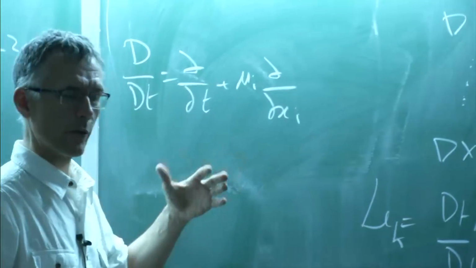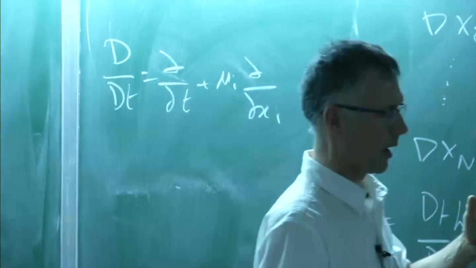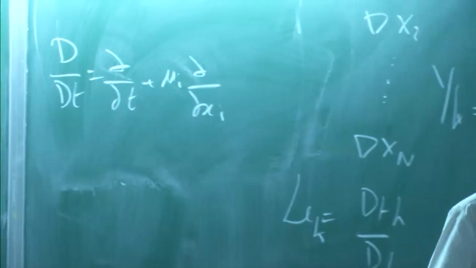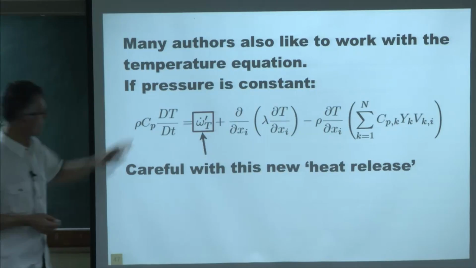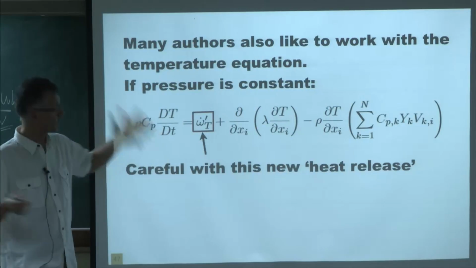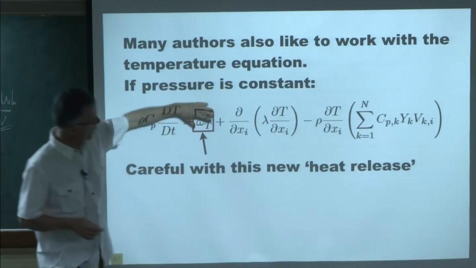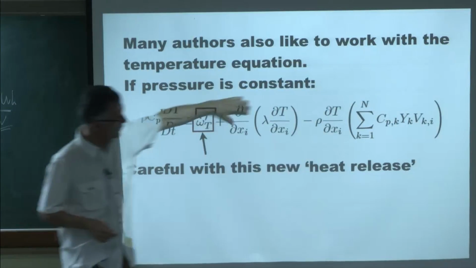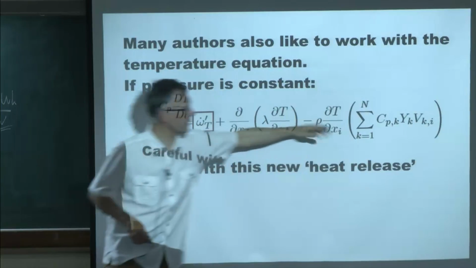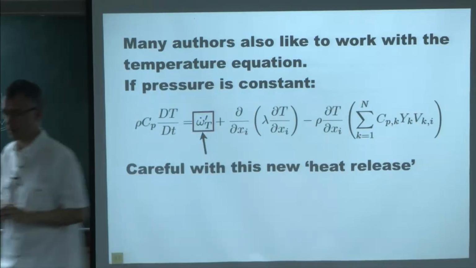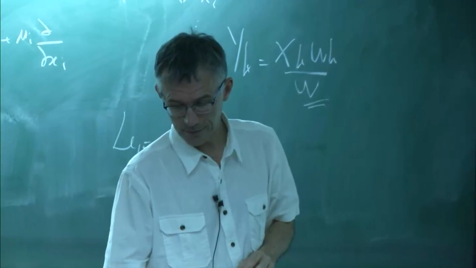So this is the derivative of something which is carried by the flow. We call it also the Lagrangian derivative. So this quantity, if you derive it from the previous equations, then you start seeing here the heat release, and you have the gradient of temperature, and you have an additional term here, which is a little bit painful. Okay, it's what it is. It's due to the diffusion velocities.